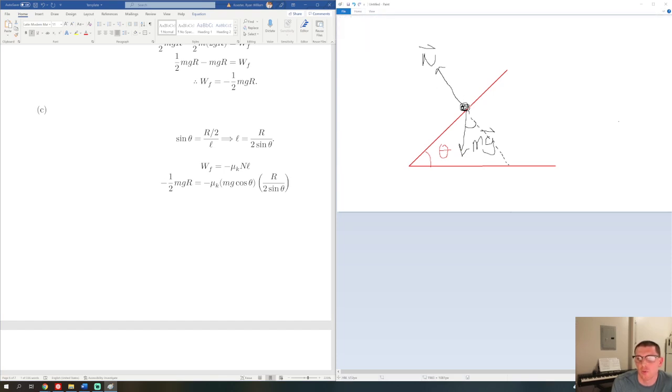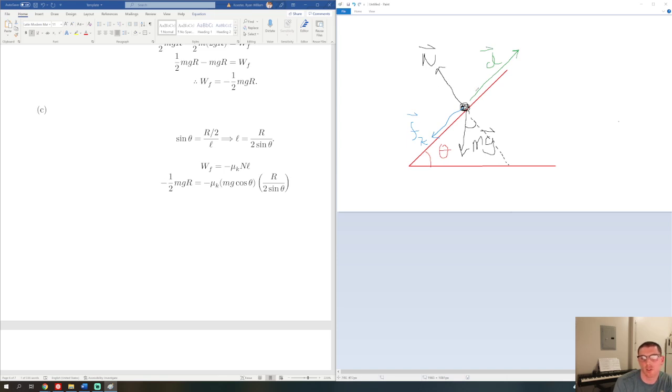The friction force will point like this, and the displacement vector is just like this along the surface of the ramp. And so this would be my d vector, you could say.